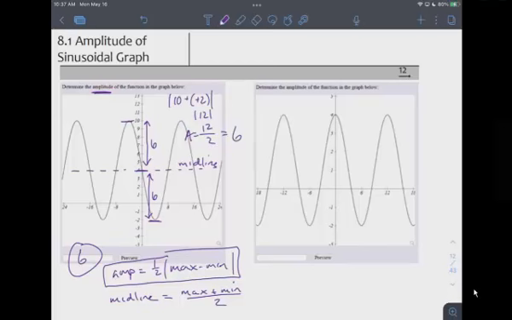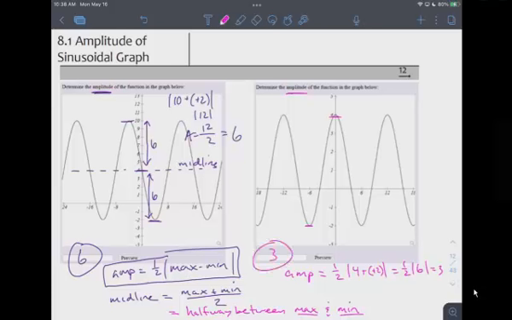All right, so again, I want you to find the amplitude in this second problem. We have a maximum at 4, a minimum at -2. So we take the difference of these in absolute value. Subtracting a negative is like adding its opposite, so we get 1/2 of the absolute value of 6, and that is 3. So our amplitude is 3.